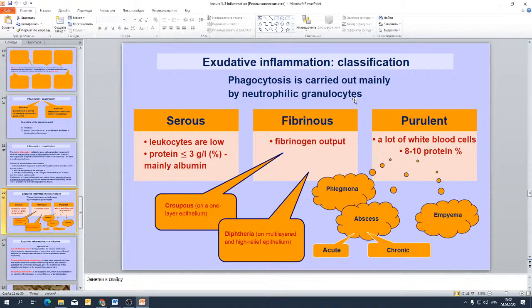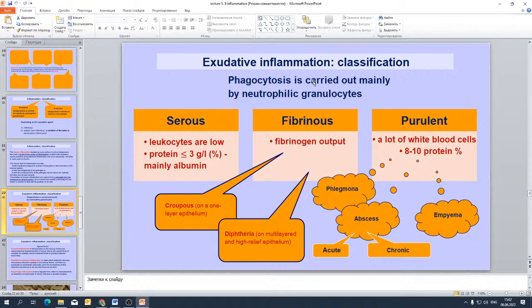For serous inflammation, if you remember the structure of vessels, we discussed increased permeability of vessels, and plasma goes into the tissue around these vessels, because protein is present in the exudate.